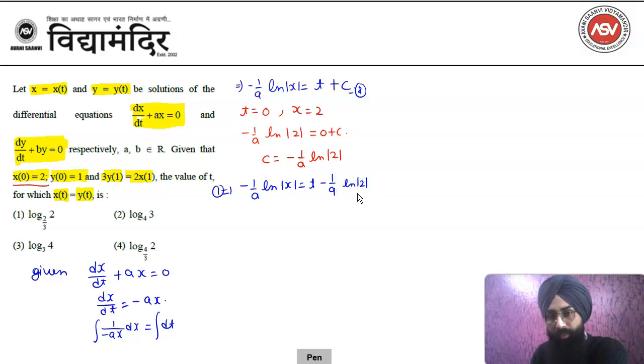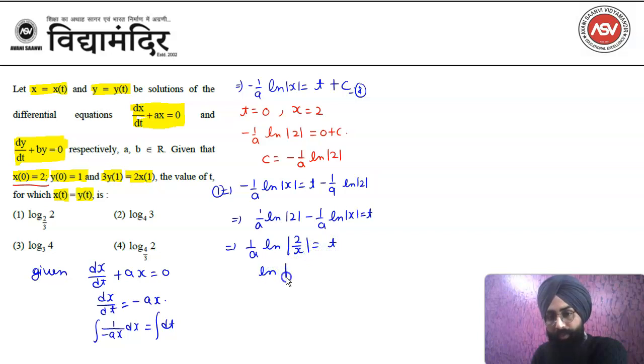So taking this value on the other side, we get 1 upon a ln 2 minus 1 upon a ln x equal to t. This becomes 1 upon a ln (2 upon x) using properties of log equal to t.